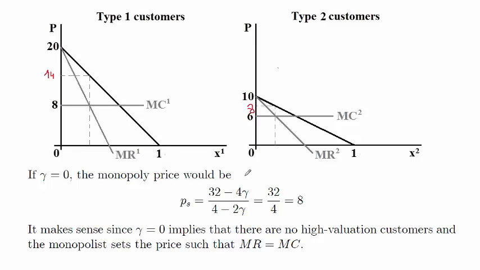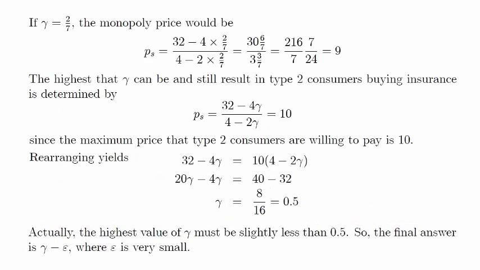So what would happen if the value of gamma were 2 over 7? If gamma is equal to 2 over 7, then we plug in this value into the monopoly price right here, both in the numerator and denominator.